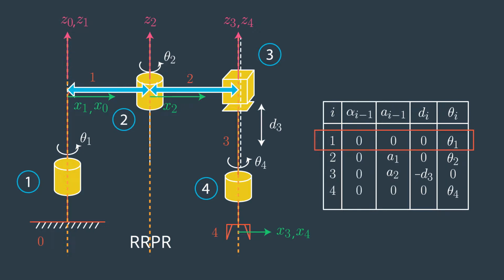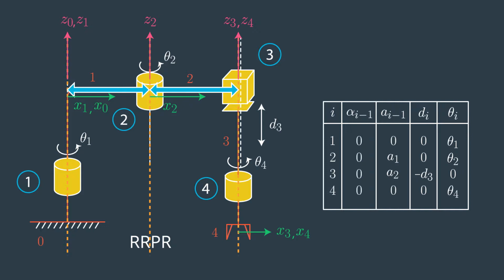For i equals 1, we are considering the transform between frames 0 and 1. Alpha 0 is the twist angle between z0 and z1, measured about x0 in a right-hand sense. A0 is the distance from z0 to z1, measured along x0.